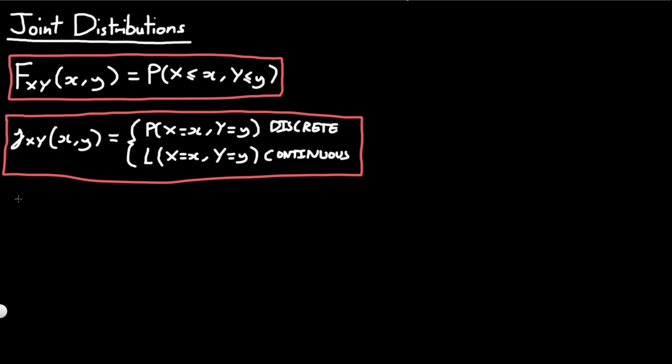So let's have a random variable x be a person's weight. So we've sampled a person from our set of people, and we'll put x as that person's weight. Okay, and we'll define a random variable y as the person's height.